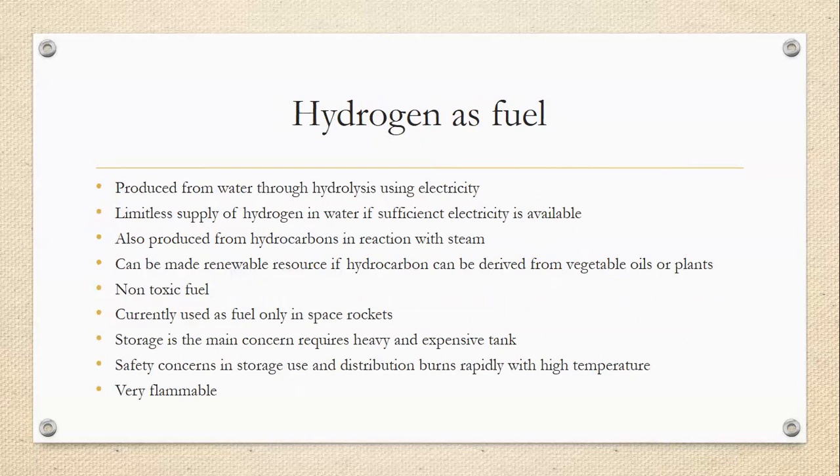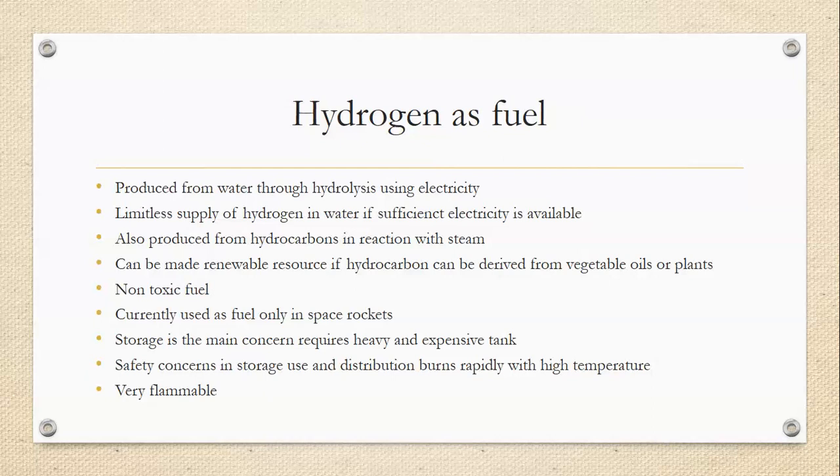The next alternative fuel is hydrogen. How is this hydrogen produced? This hydrogen is produced from water through hydrolysis. This hydrolysis process is operated by means of electricity. There is a limitless supply of hydrogen in water if sufficient electricity is available. Also, this hydrogen fuel can be produced from hydrocarbons in reaction with steam.